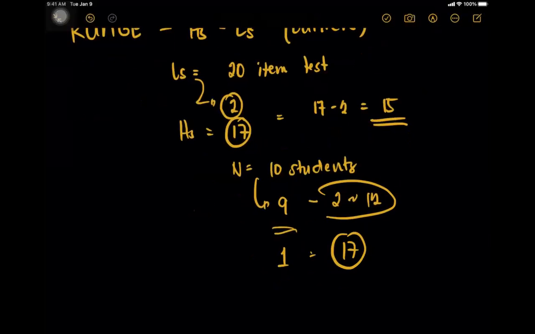So the range is not really a very good determinant of distribution because, as I've said, it can be influenced by an outlier, a score that deviates a lot from the rest of the scores.